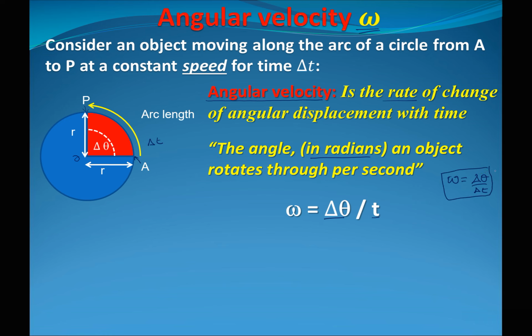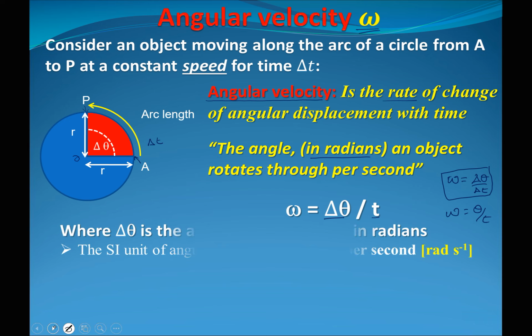Many times delta theta is very small and measured in radians, and t is also very small, that's why you may write it as delta theta over delta t. But in further calculations, we shall simply say that omega is equal to theta divided by t, where theta is the angular displacement and t is the time the object takes to sweep through that angle while moving in a circular path.